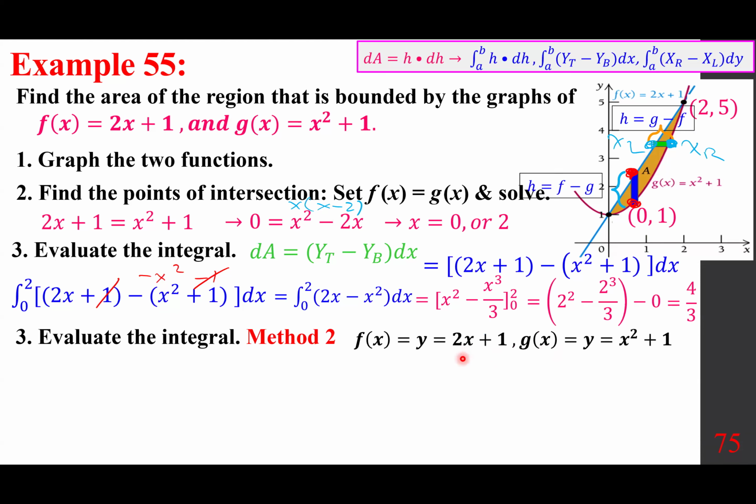This one is easy, class. You can move the 1 and divide by 2. This one, you can move the 1 and take a root.